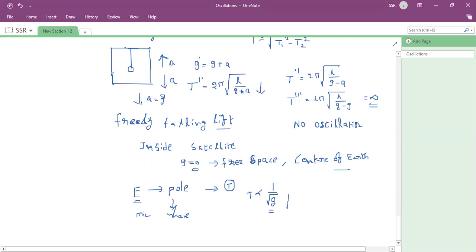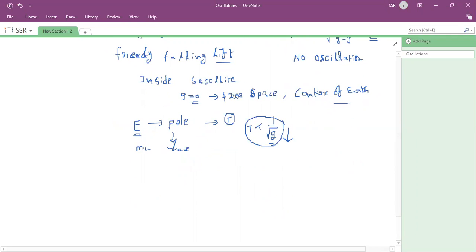So if you go from equator to pole, time period will decrease compared to the equator. Are you clear this? Because g is slightly increasing from equator to pole. Similarly, pole to equator, the reverse you can say. So this is about variation of g with respect to time period of simple pendulum.